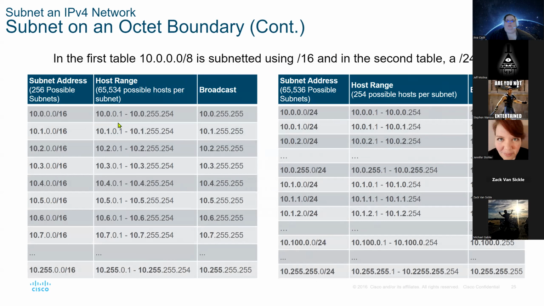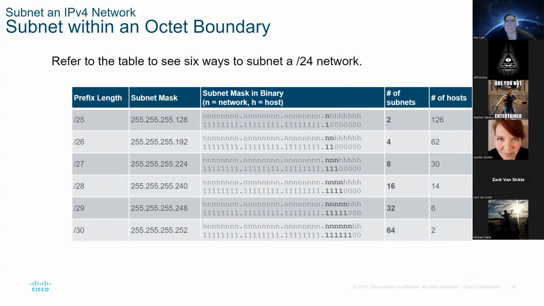This is just looking at them and reading them, getting familiar with those is a good idea. And there are six ways to subnet a /24 network. And this talks about the different subnets and numbers of hosts.